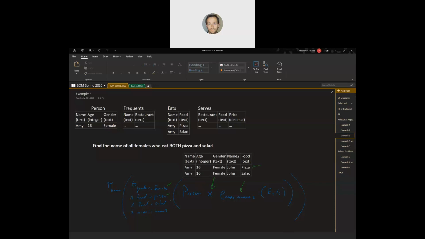But the problem is with this part. How to check that food equals pizza and food equals salad. Here, food only equals one thing, either pizza or salad. The way that the select works is it looks row by row. It doesn't have a memory.